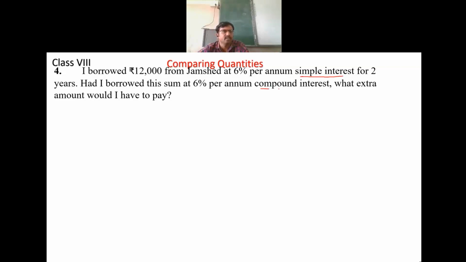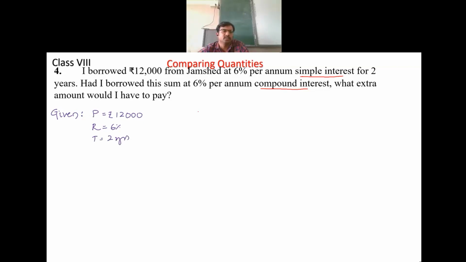Next is compound interest. So we need to calculate both. The given things are principal 12,000, rate of interest 6% per annum, and the number of years is 2. I need to calculate the simple interest first.